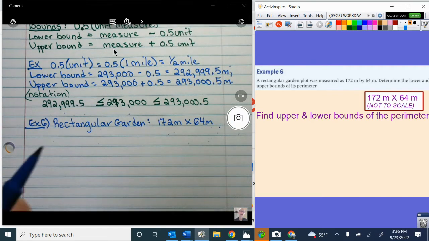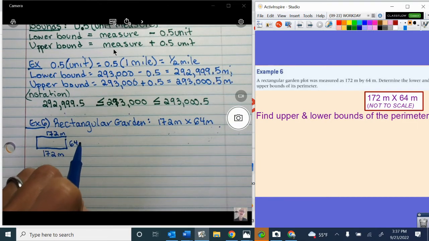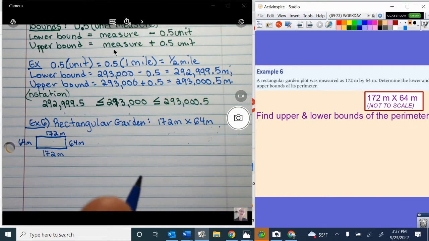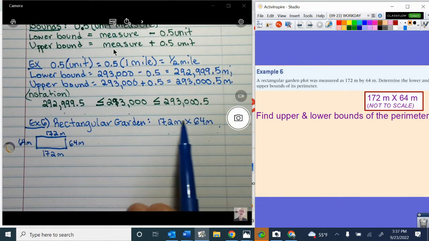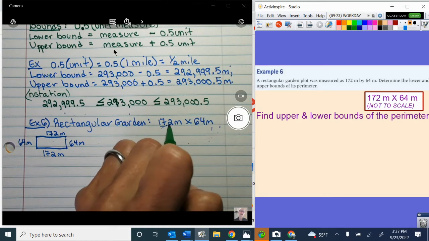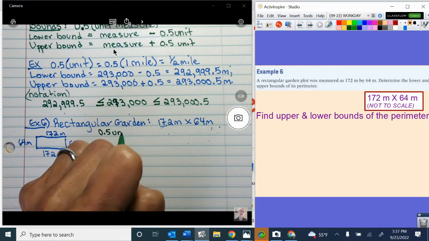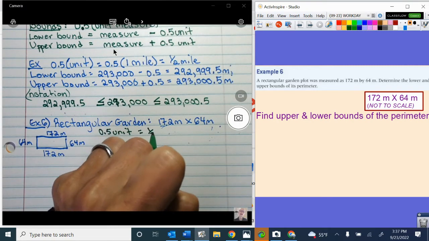Well, we know the perimeter is just adding up all the distances around. So let's call this 172 meters. Just drawing a small diagram to represent the information. We can add up all those distances and find the perimeter. But what we need to do is find the bounds of our measurements. So first, it's rounded to the nearest meter. So 1/2 a unit is equal to 1/2 a meter.